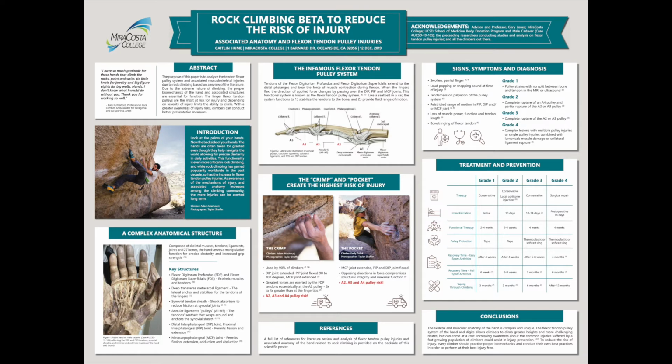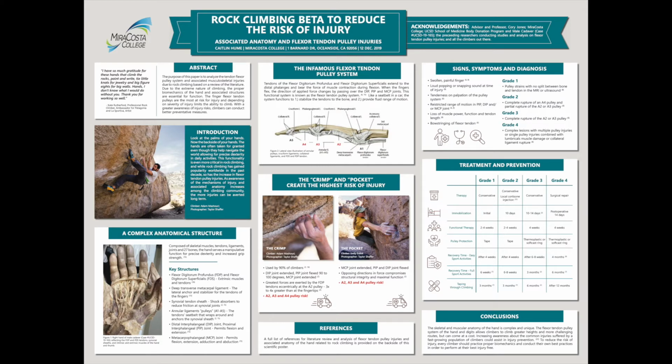Now, if we move up to the center box at the top, the infamous flexor tendon pulley system, we see that the A1 through A5 pulleys wrap around the flexor digitorum profundus and the flexor digitorum superficialis. These tendons extend to the distal phalanges and bear the force of muscle contraction during flexion.